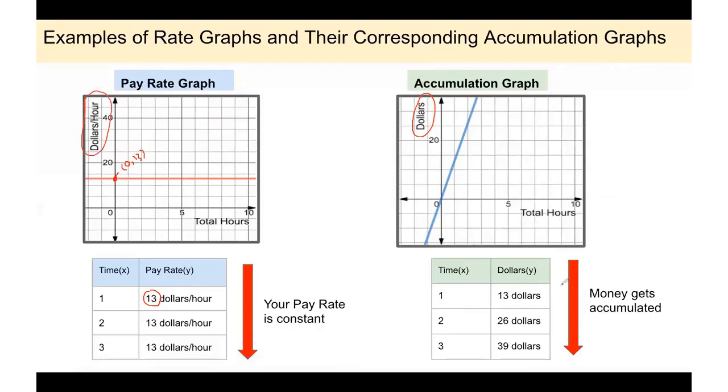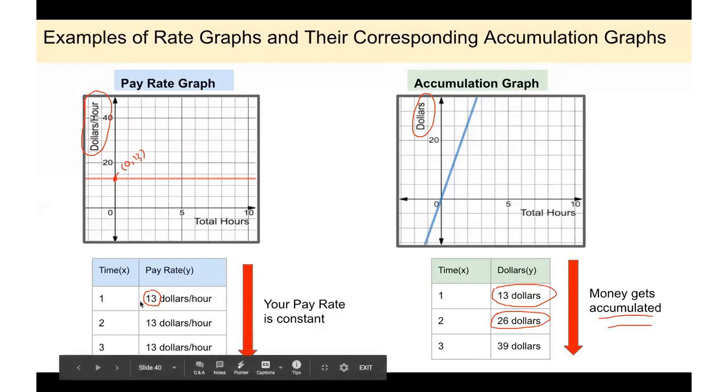Notice that as the time goes up, so as your hours go up, your amount of dollars gets accumulated. And I'm trying to make a connection to that word accumulation graph. It's going up. In addition, notice that when you multiply these two numbers, you get the number right here.